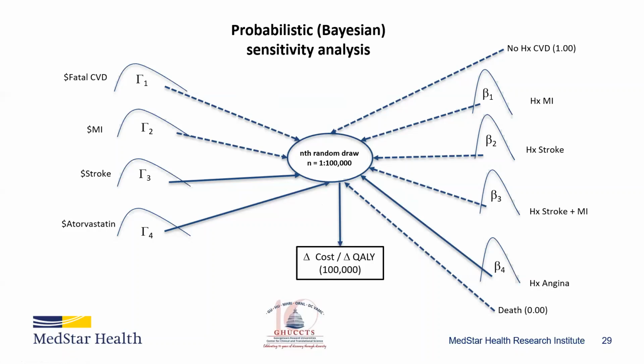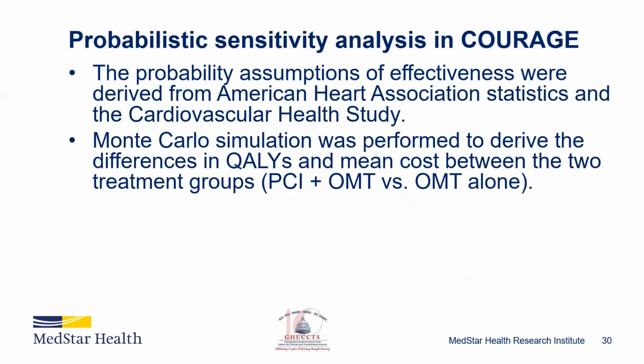And then we plot this to see what our distribution would look like if costs were varied. I showed this plot before, this is from our COURAGE study.